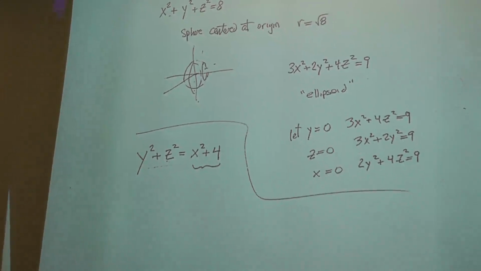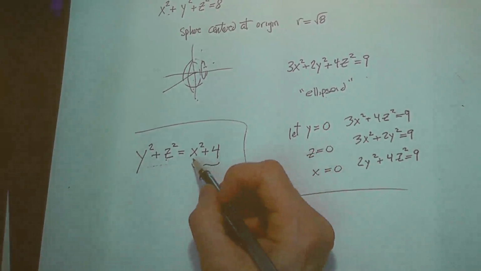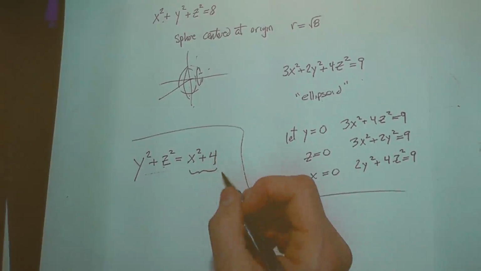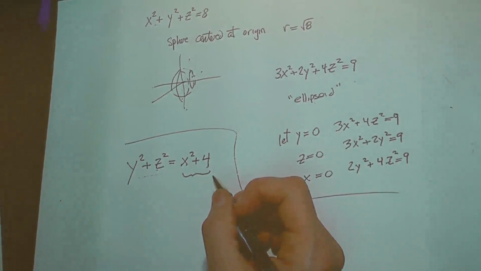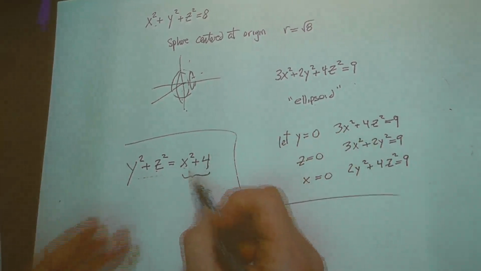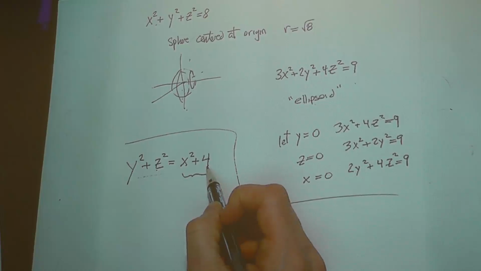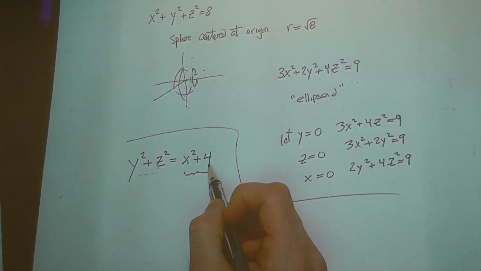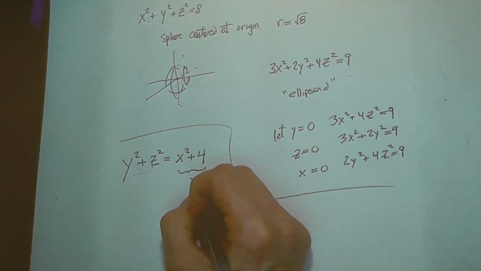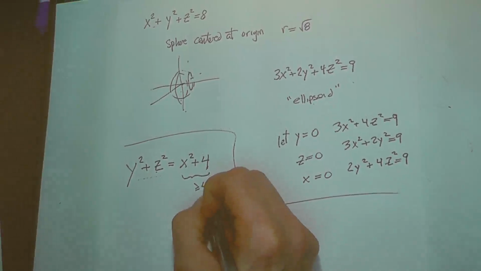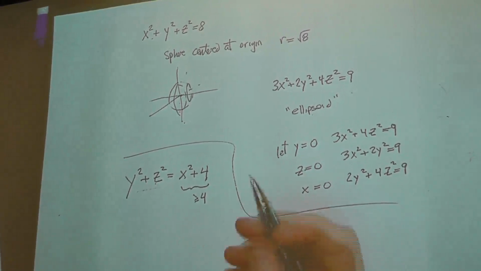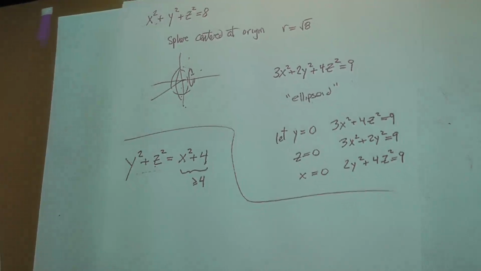On the right-hand side, if you take x and square it and add 4, you always get back a number which is positive. If you add x squared to 4, I guarantee you are going to get a number bigger than or equal to 4.